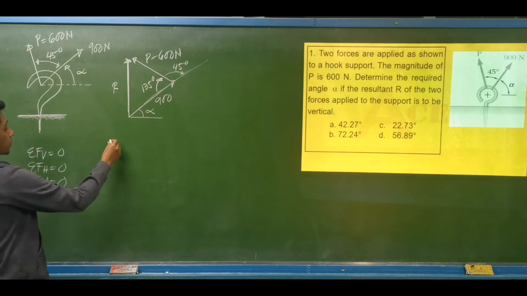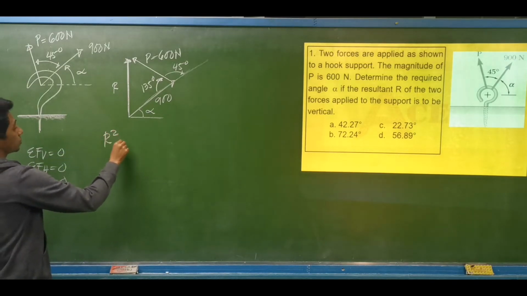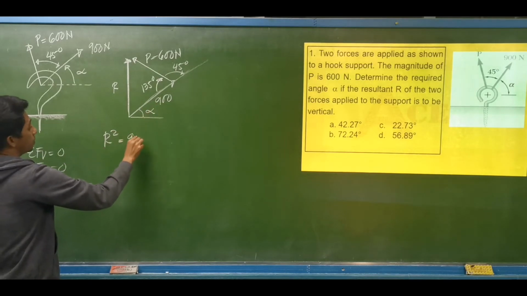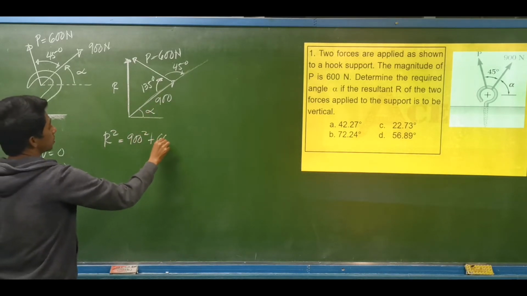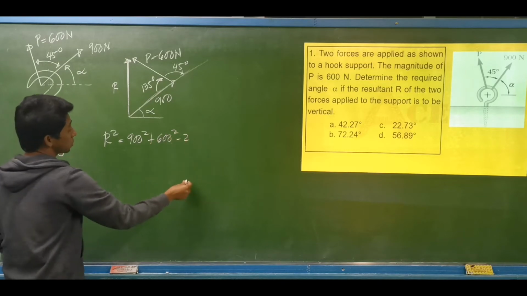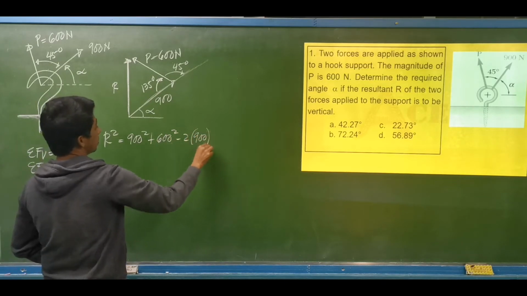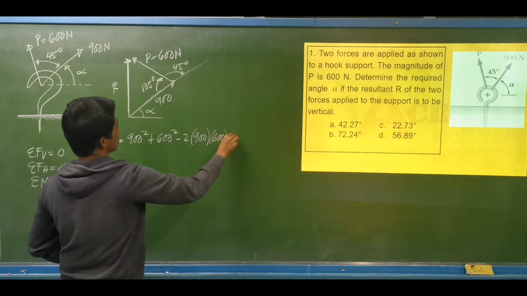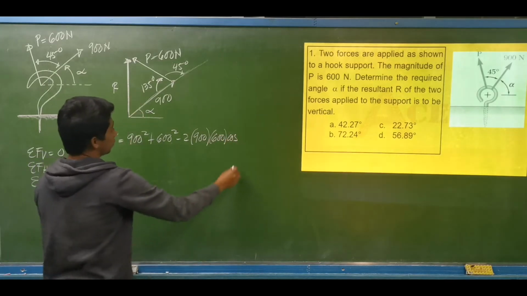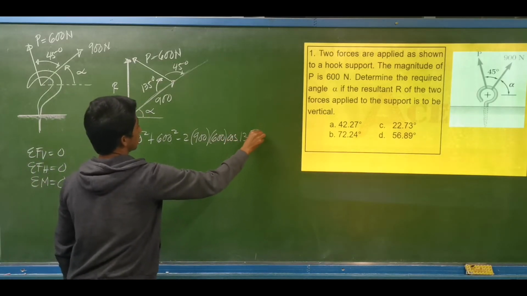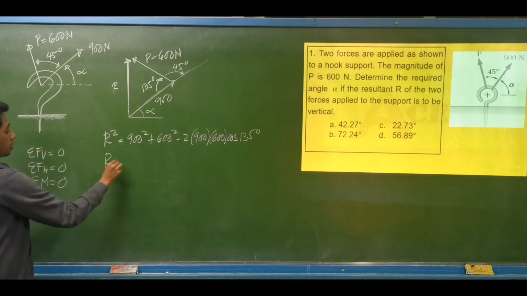So we can now compute for the resultant. Using cosine law, the resultant is R squared equals 900 squared plus 600 squared minus twice of 900 multiplied by 600 cosine of the angle in between, 135 degrees. So what will be the value of the resultant?